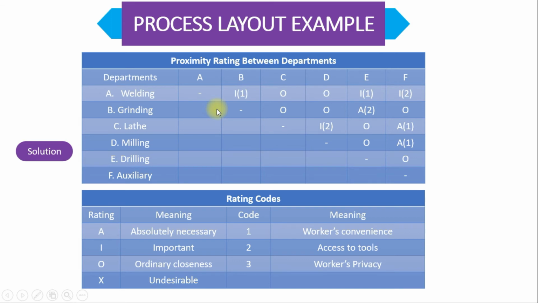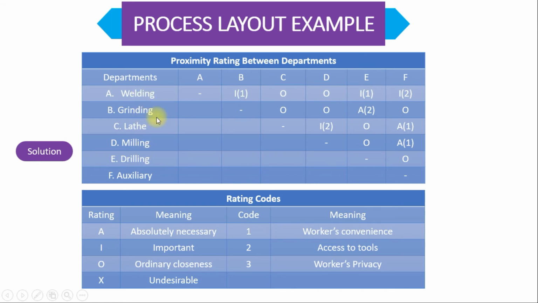The proximity rating can be given to you by whoever you are designing the layout for. It's just a matter of asking a couple of questions, and the person replying gives you answers. Then you know which department is supposed to be placed beside which one.